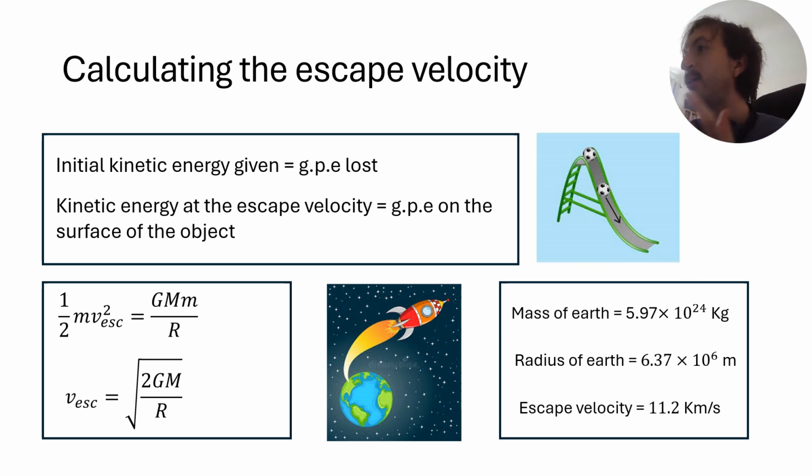Now this explains why you have probably never jumped and managed to travel off to infinity. It's because the velocity at which we tend to fire things off the Earth is very, very significantly below this escape velocity.